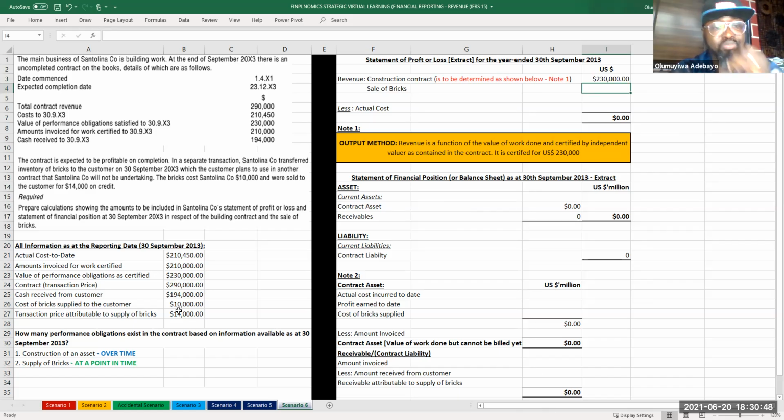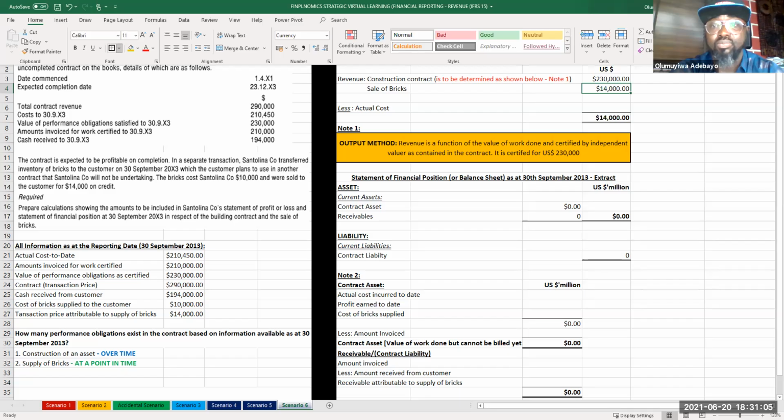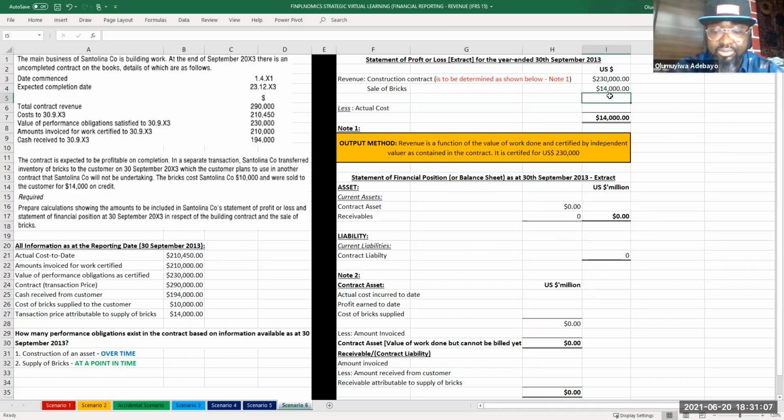Second, we sold bricks and the transaction price, which was separately agreed, was 14. Which means invariably, the revenue as a company, given that that's the only customer we have, is 244.